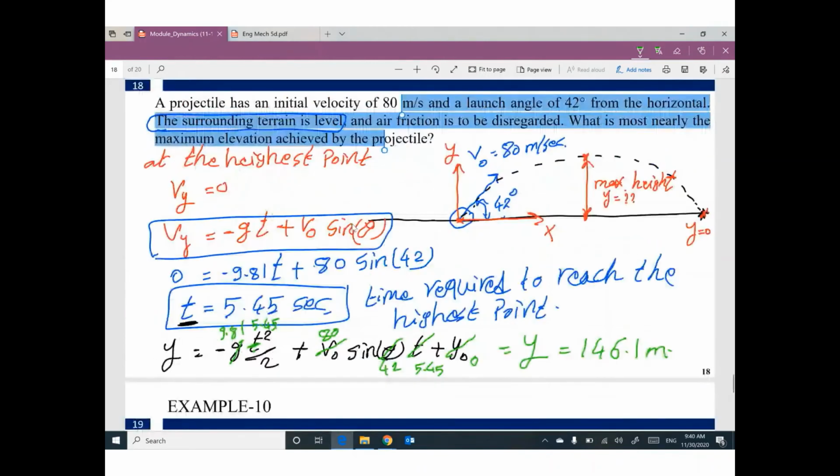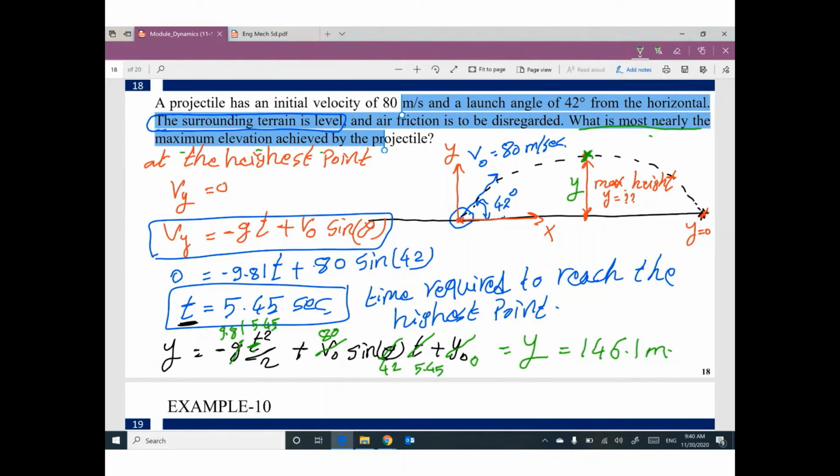So the highest point will occur at time equal 5.45 seconds, and the highest point will have a vertical distance y equal 146.1 meter. So the maximum elevation achieved by the projectile will be 146.1 meter.